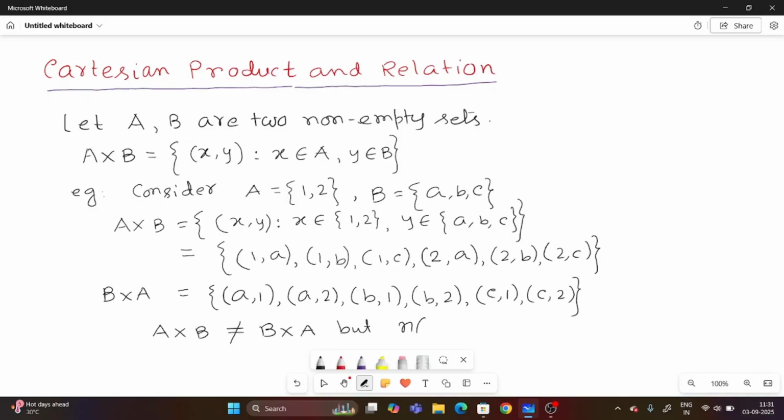So the number of elements present in the set A cross B and the number of elements present in the set B cross A are the same. So this is the basic idea of Cartesian product.